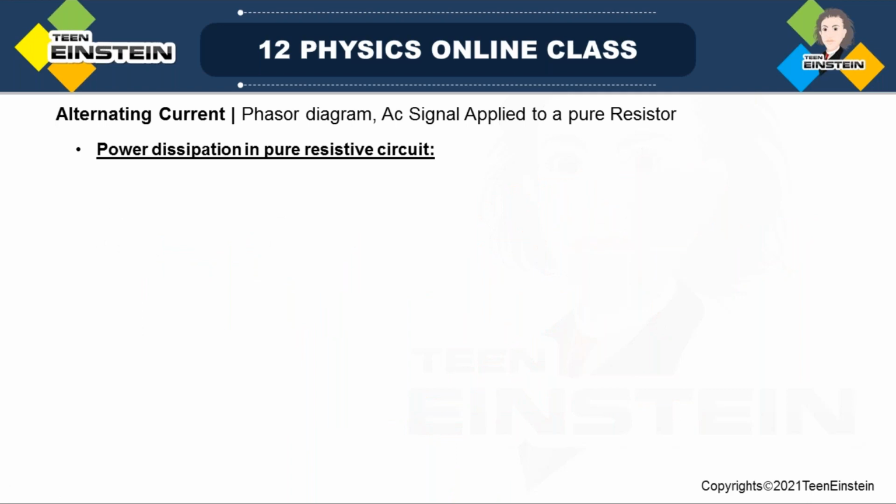Now we'll just go to the next part of it. So we have seen that an AC signal, either voltage or current, can be represented in this case, especially, what we have seen is that E is E0 sine omega t, and I is E0 by R, which I can write as I0 sine omega t.